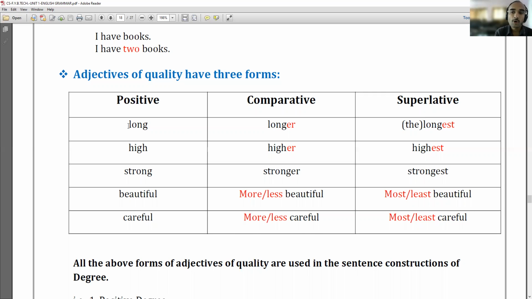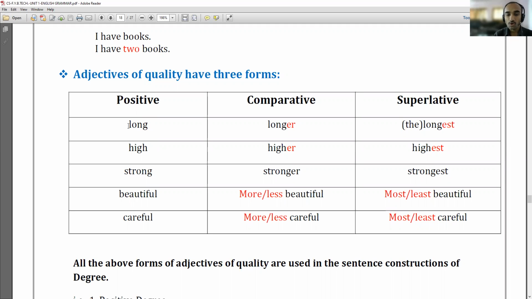Okay, so long, longer, longest, these are the positive, comparative and superlative forms of adjective. Then second one is high. Okay, high, higher, highest. हाय म्हणजे उंच. ओके, हाय म्हणजे उंच, हायर अधिक उंच आणि हायेस्ट म्हणजे सगळ्यात उंच.